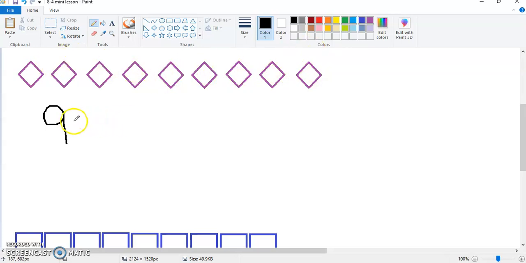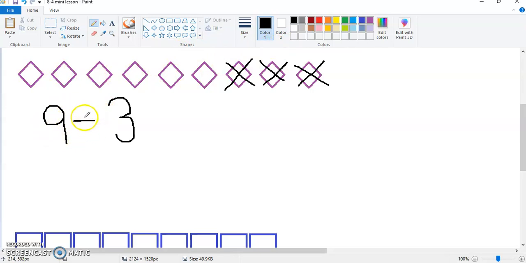And we are going to take away minus 3. So we're going to take that away. 1, 2, 3. So we started with 9 in all.